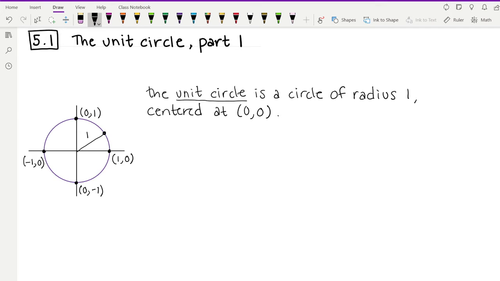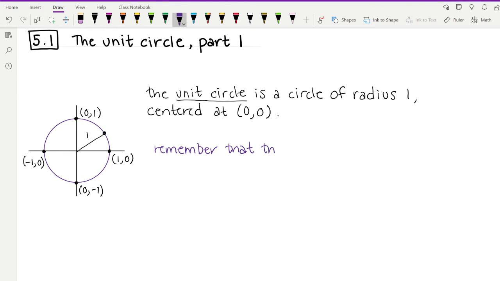So I want to come up with the equation for the unit circle. In order to do that, I want to remind you about the equation of a circle in general. Remember that this is something you should have learned in your 141 class, your Pre-Calculus 1 class.